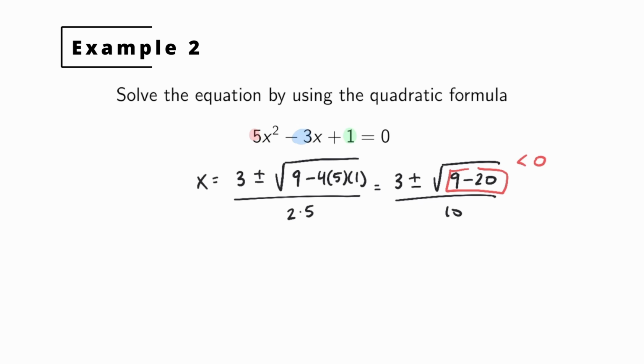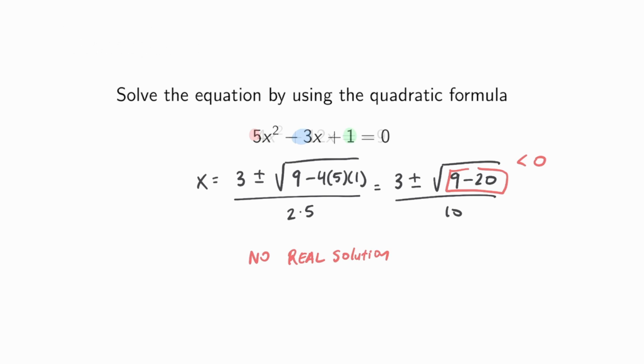So this has no real solutions. And that will happen sometimes when this quantity b squared minus 4ac, which we call the discriminant, when that's a negative number, you will have no real solutions. Now, if you're interested in complex numbers, this will have complex solutions, but that's another video.